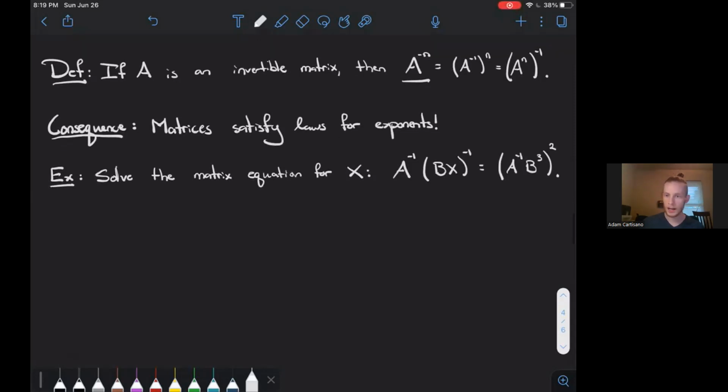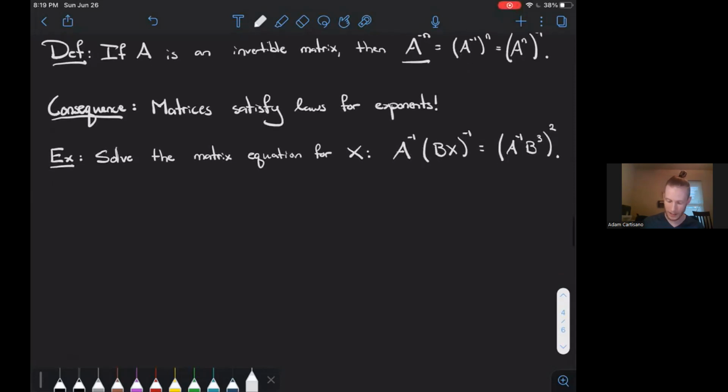So let's solve this matrix equation for X, where X is a matrix. And we're assuming, by the way, throughout that these matrices are of the appropriate size. They make sense, because otherwise, what are we doing? Probably just assume everything is n by n. Okay, great.